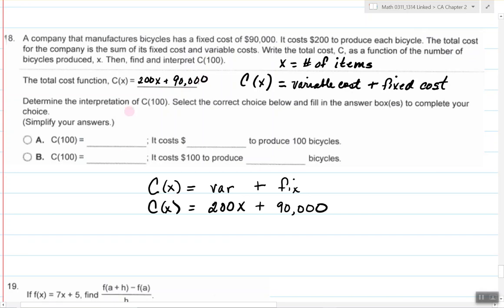Now we're going to interpret it. C of 100 equals 200 times the 100 that they just gave me plus 90,000. So I can go to my calculator.